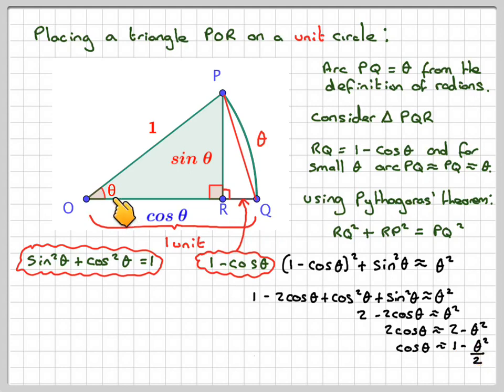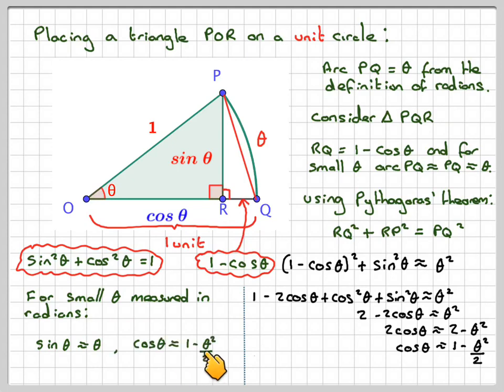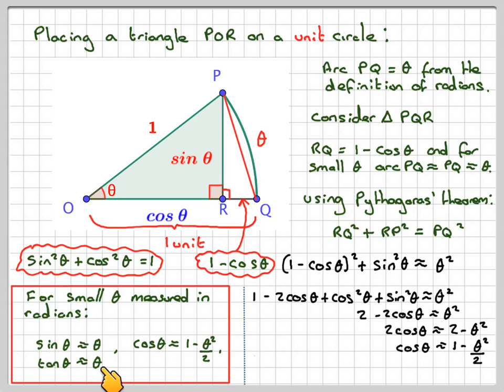Remember, this only really works when theta is very small. So, for small theta measured in radians, sine theta is approximately equal to theta from the previous part, cos theta is 1 minus theta squared over 2, and tan theta is approximately equal to theta. And these results need to be remembered.